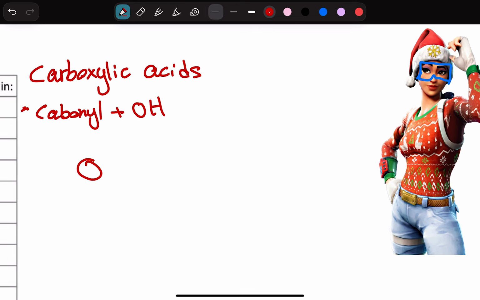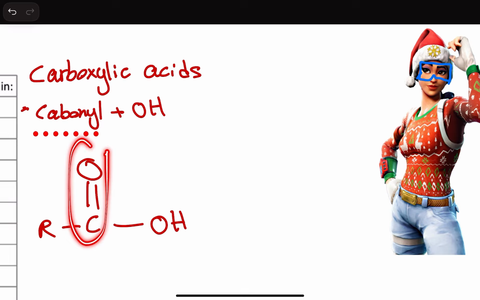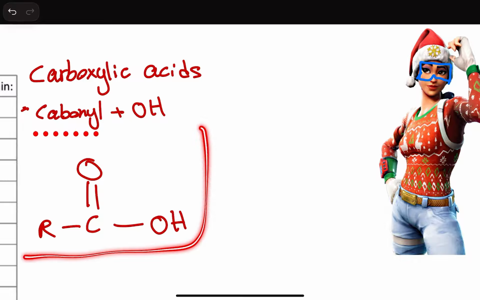It means we have our carbonyl group attached to the C. On that side we have another carbon, or we're just going to call it an R group. And on that side, an OH group. This makes it a carboxylic acid. We have our carbonyl group plus our OH on the side, giving us a carboxyl group.